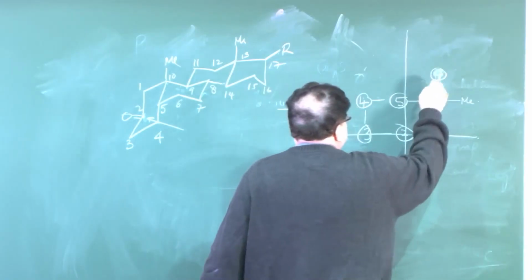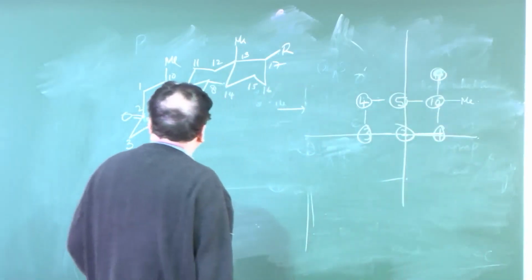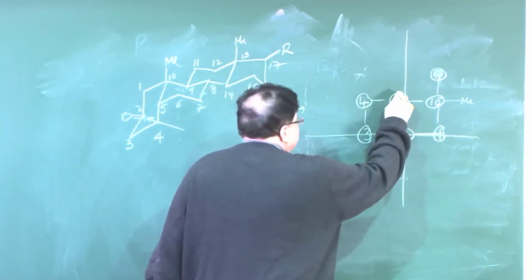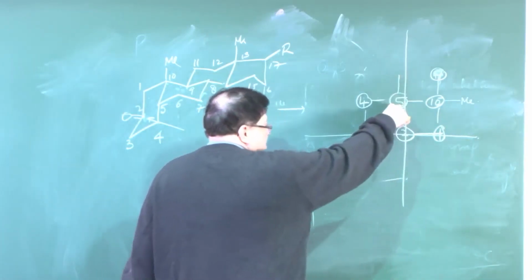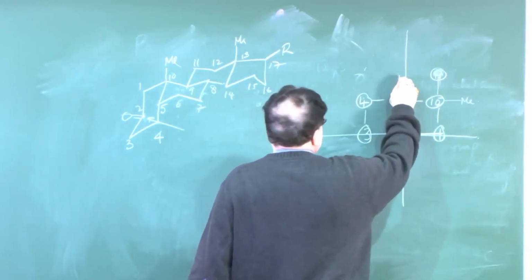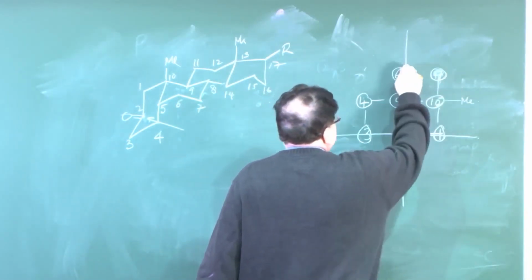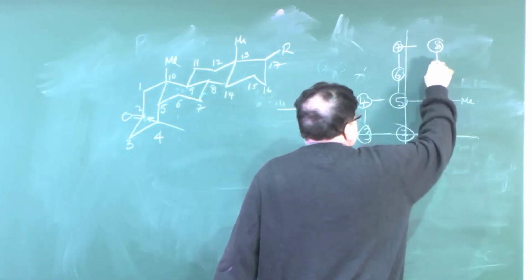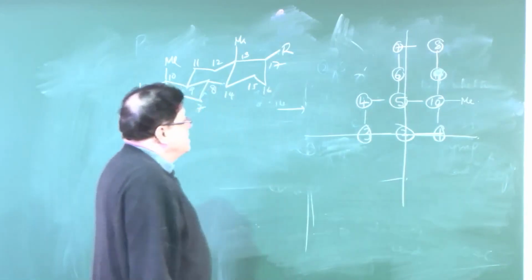So 9 must be here, and at 5 you have equatorial. You know, 5 equatorial goes at the top, axial goes at the bottom. So 5 equatorial goes at the top. So 5 is connected to 6. So you have 4 atoms now. So 6, 7, you can complete it 8. Okay. So this way you continue.